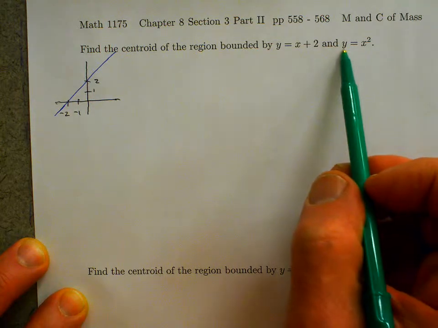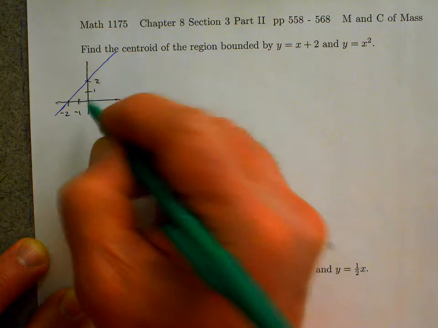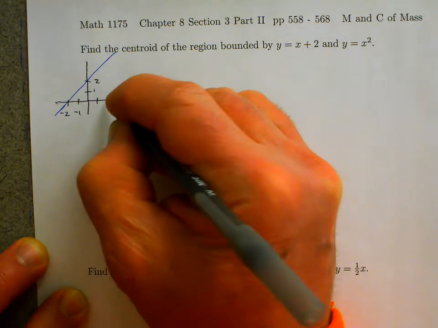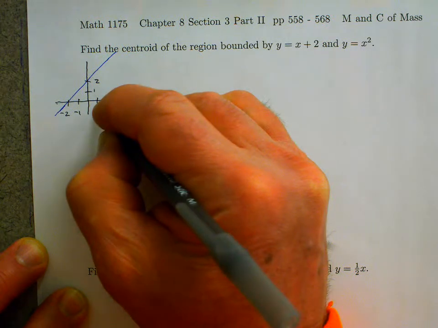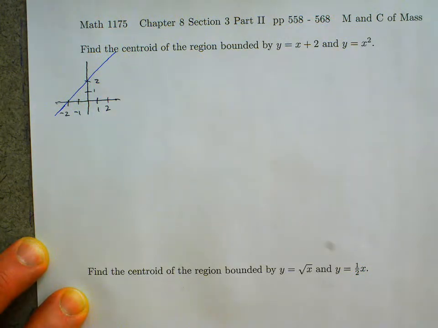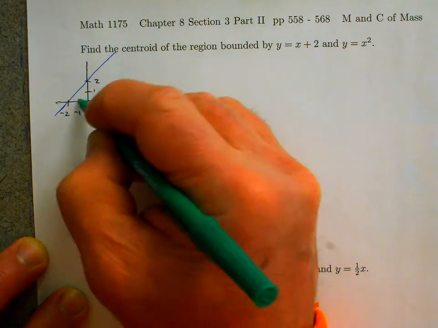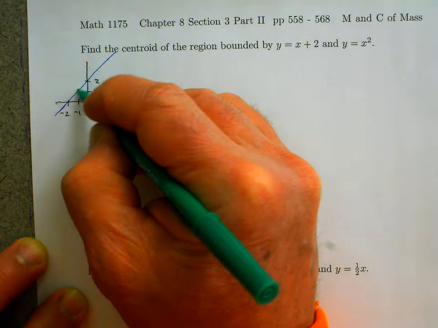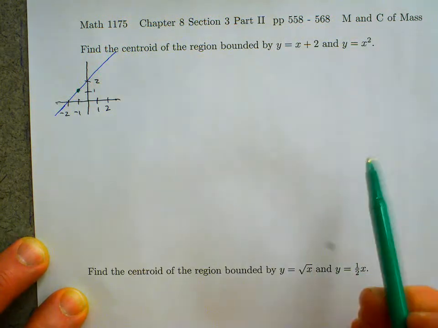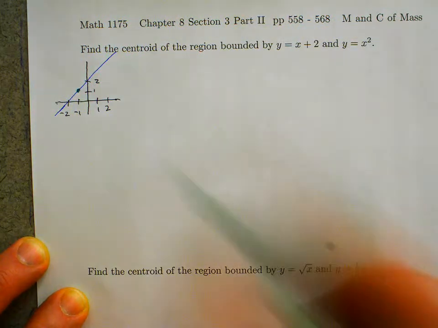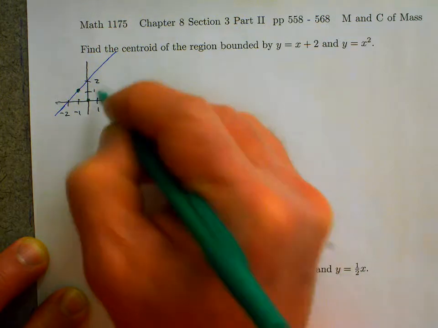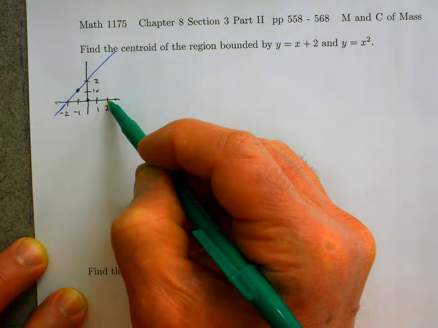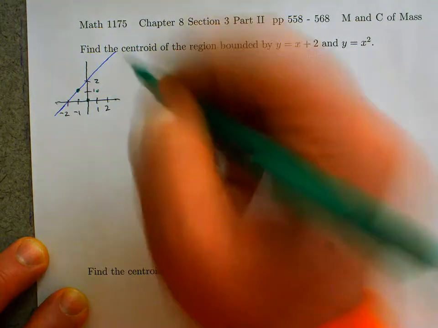And the graph of y equals x squared is a parabola, so it has its vertex at the origin. The two graphs intersect at (-1, 1) and also at the ordered pair (2, 4).